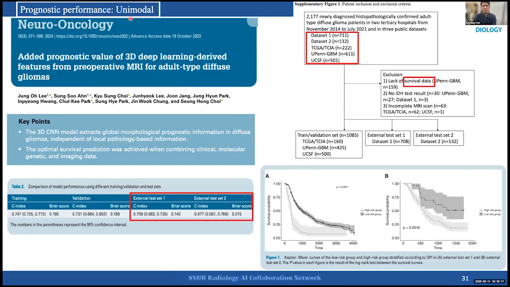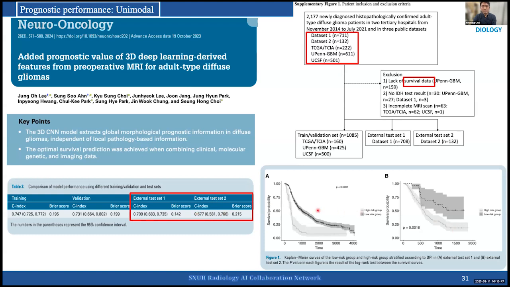In prognostication, we developed a deep survival prediction model using 3D structural MRI for diffuse gliomas. We utilized 5 different multicenter retrospective data sets with survival information and trained using 3 different USA data sets. The C-index was 0.71 and 0.68 in the external test sets 1 and 2, which are Seoul National University Hospital and Severance Hospital.